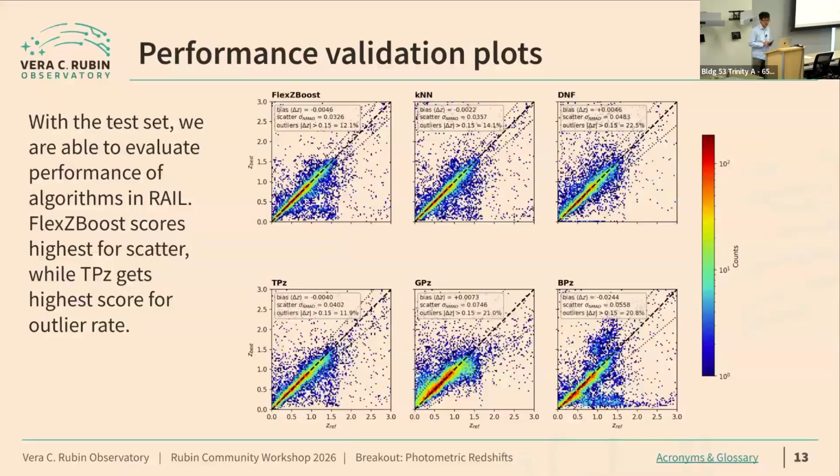And you can see that, as we found in DP1 as well, the FlexiBoost achieved the best scattering metric, while this time PPZ actually does slightly better than FlexiBoost in terms of outlier rate. But overall, all 6 algorithms perform relatively well, and we decided to run production for all of them.